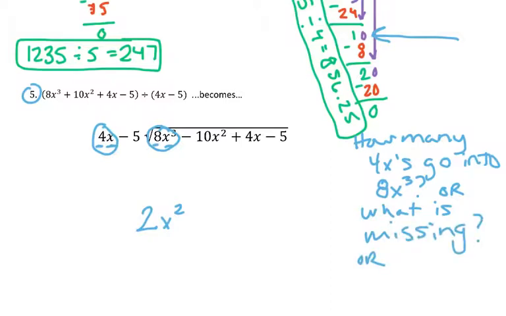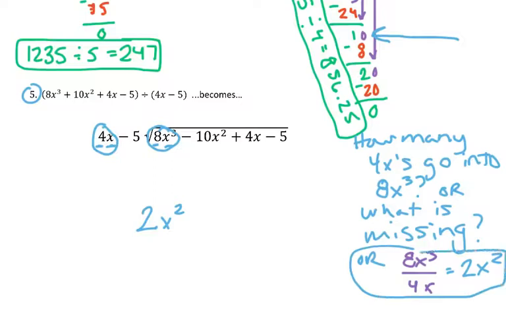Or, technically, you could be doing 8x cubed divided by 4x, and you would get the 2x squared. I definitely go with this idea more, what is missing versus how many go into it, because it's hard with polynomials to understand how many multiples make that up.